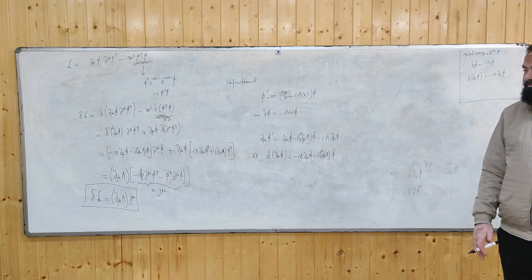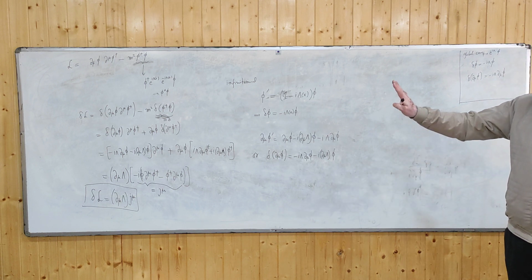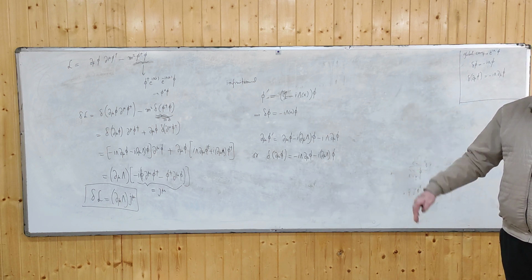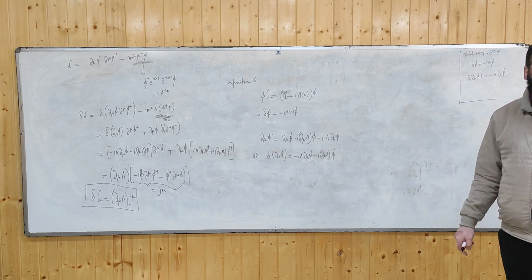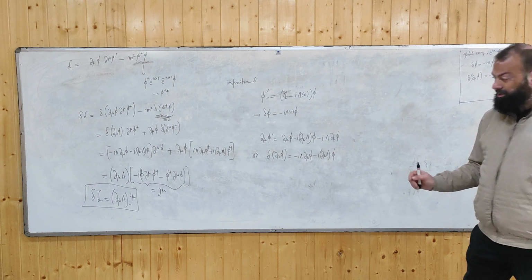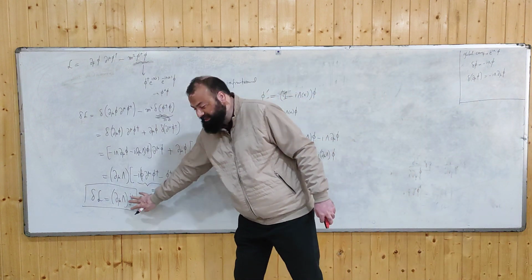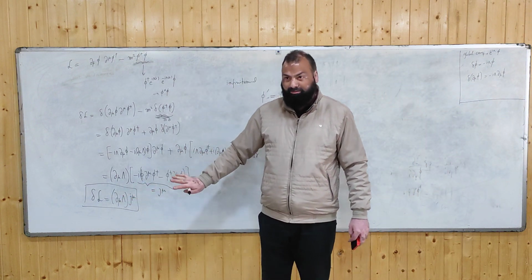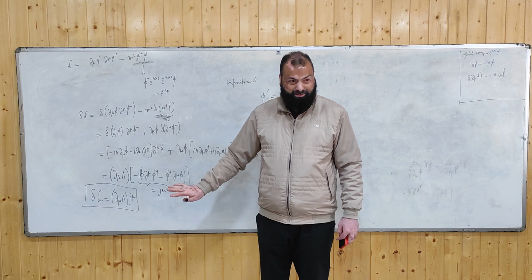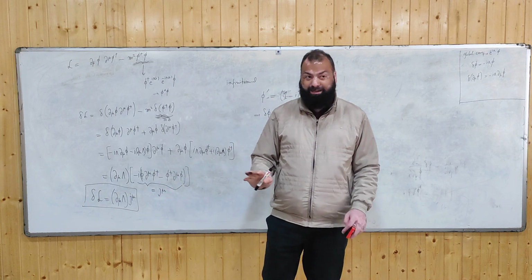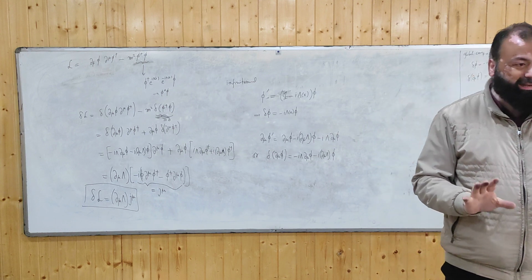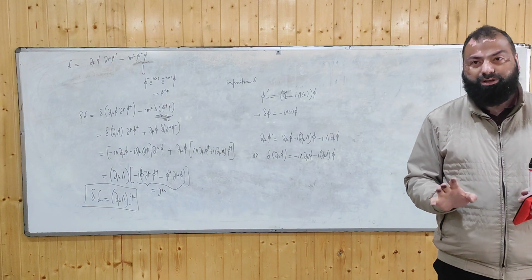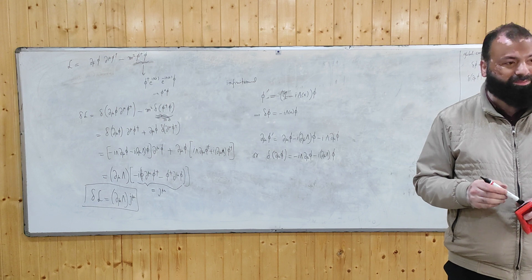Now I want to make this Lagrangian invariant under this local U1 transformation. What do I need to do? I need to introduce a term that will actually cancel this very term. You got my point? My aim is to make this Lagrangian an invariant quantity under this local U1 gauge transformation.